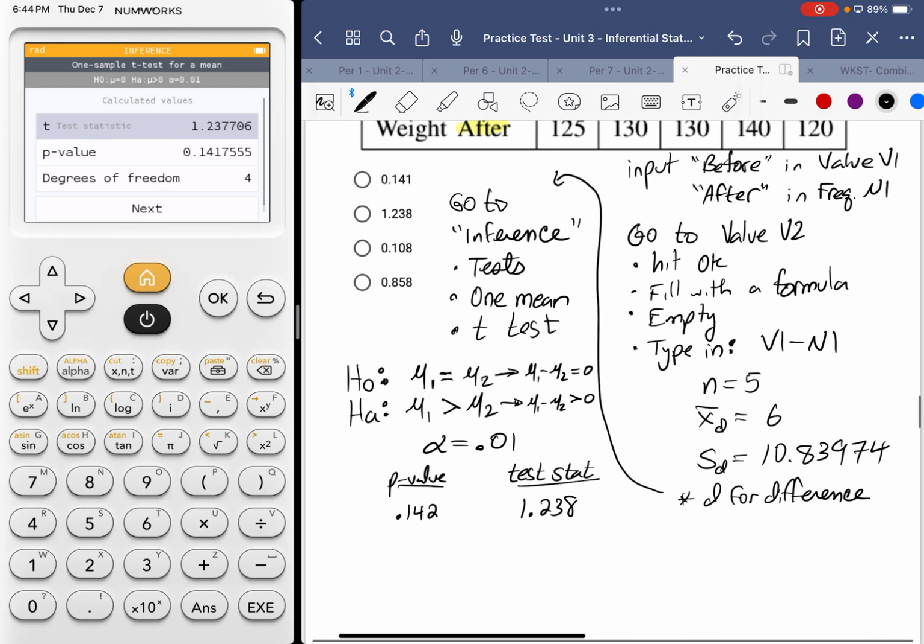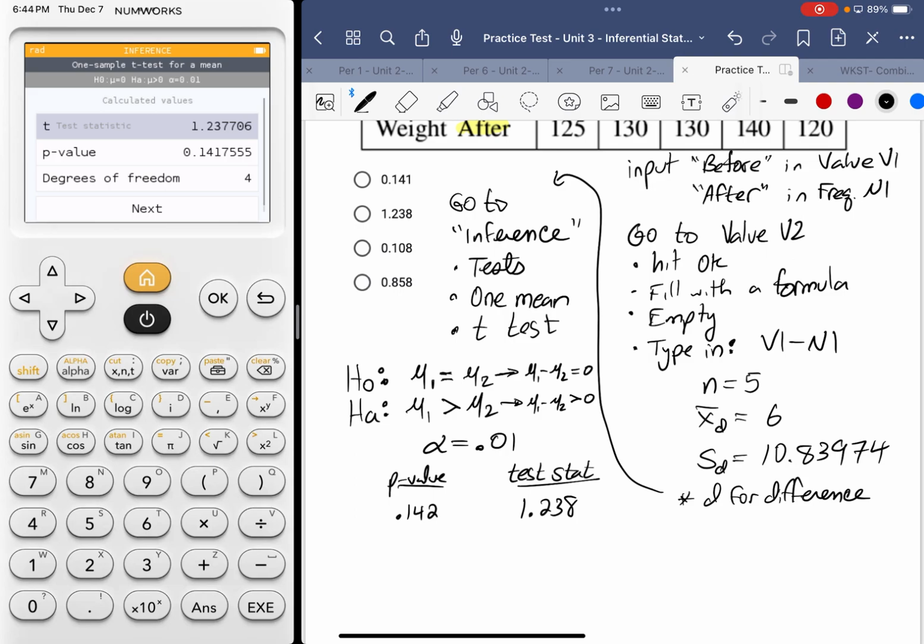As a multiple choice question, it's not necessary to do all this stuff, like all the little notations that I'm making, but you want to be prepared for the free response also. But you look at the choices and you see that one of them, it's kind of mean of me, I guess, is the test statistic, right?